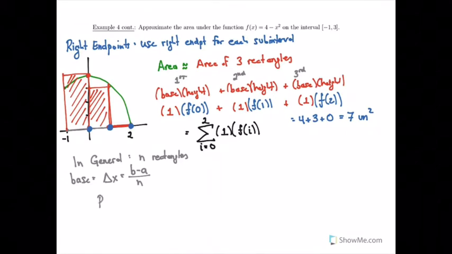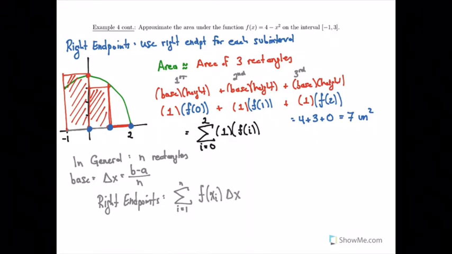So for the right endpoints, or the right endpoint rule, or the right rule, we are going to have the sum from i equals 1 to n of f of x sub i times delta x.